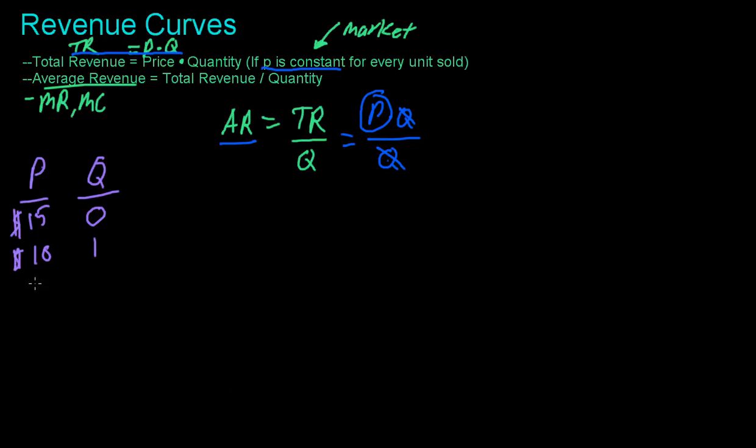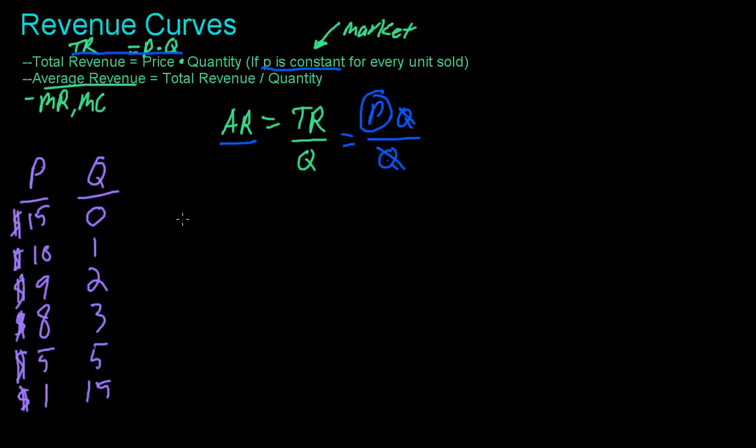If I charge, actually no, let's do 9. If I charge $9 a burger, I'll sell 2. If I charge $8 a burger, I will sell 3. And then if I charge $5 a burger, I will sell 5. So let's say that that's as far as I want to draw out my demand. Let's go one more. If I charge $1 a hamburger, let's say that I then sell 15.